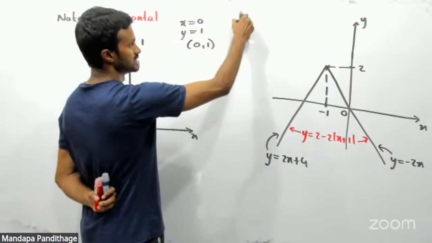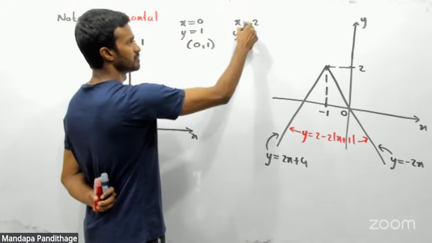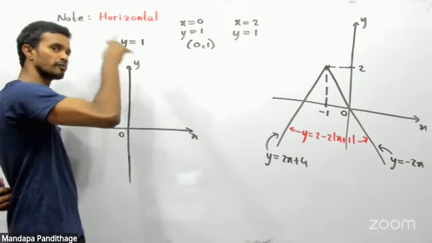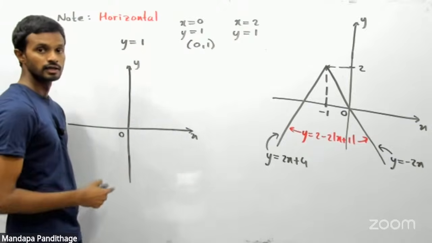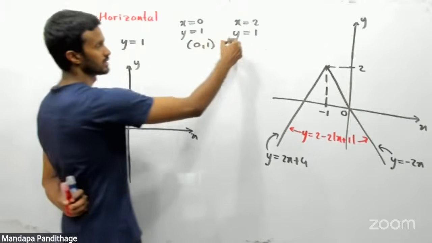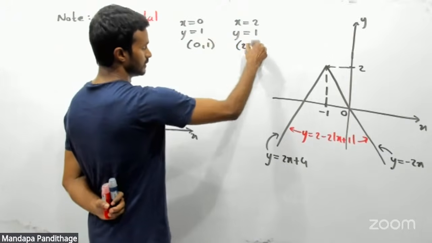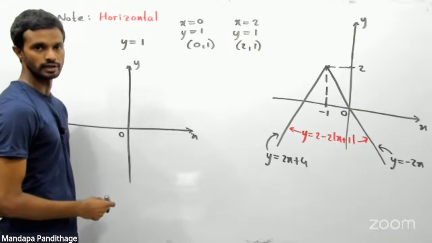If you consider x equals 2, still y will be 1, because there is no x here to substitute. Whatever the x value we substitute, the y value remains 1.